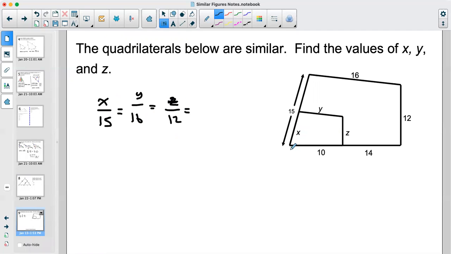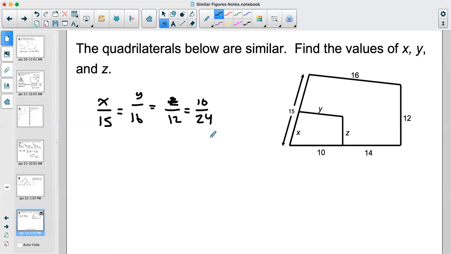And the corresponding side to 10 is 24. So I wrote all the similarity statements: X over 15, Y over 16, Z over 12, 10 over 24. And now I have one that's just a number.